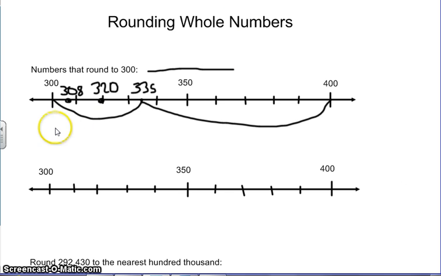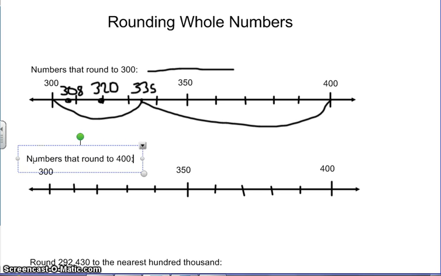And now we are going to find some numbers that round to 400. Where do you suppose those numbers would be? These numbers that rounded down to 300 were on this side of 350. Numbers that round to 400 are going to be on this side.